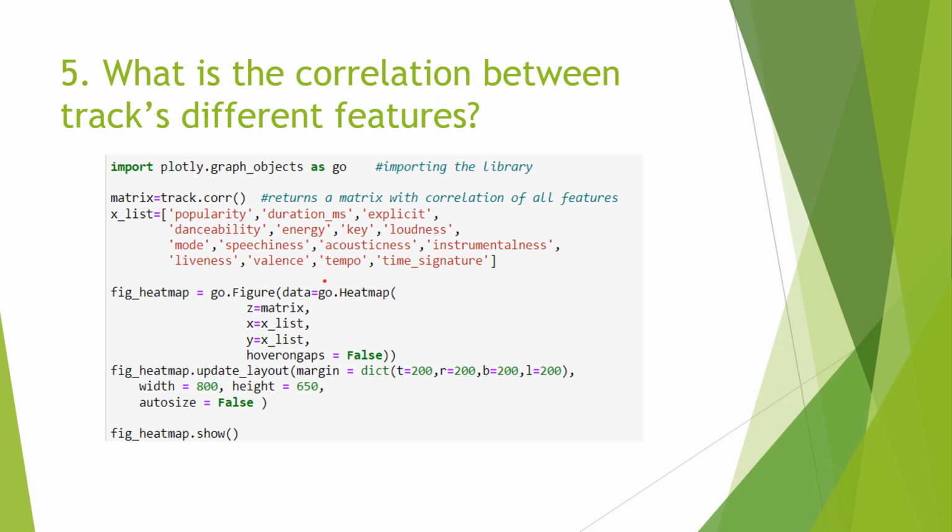Thanks to the correlation method, which helps us compute pairwise correlation between different columns of the dataset, and another method, heatmap, which shows the magnitude of a phenomenon as color in 2 dimensions, we can see the correlation nicely between two features. In order to see the graph, we had to import the plotly library called graph objects.